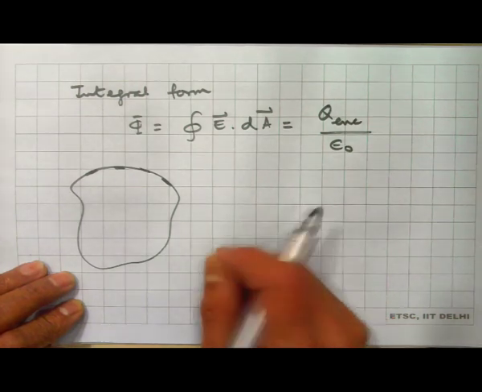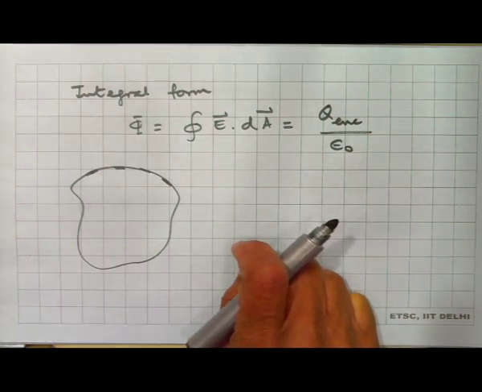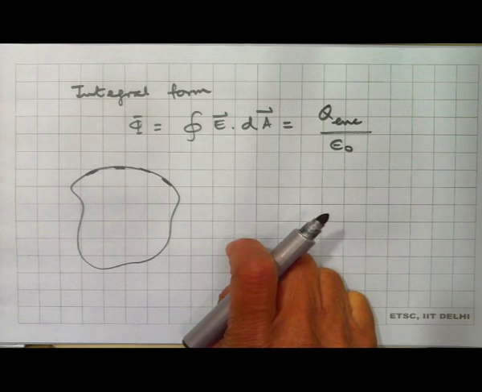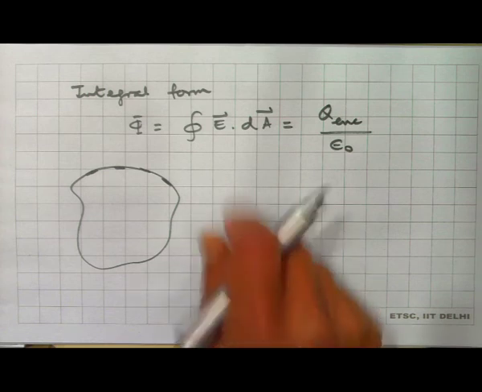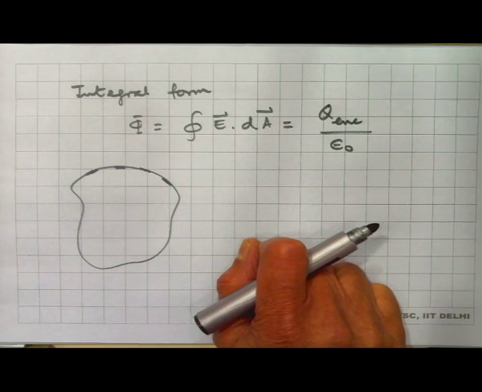So, this equation is true for any closed surface. The charge enclosed includes all positive and negative charges within the surface, and I must emphasize again that the electric field in this equation is the total electric field produced by all charges.